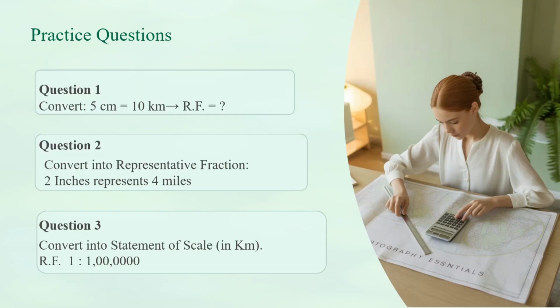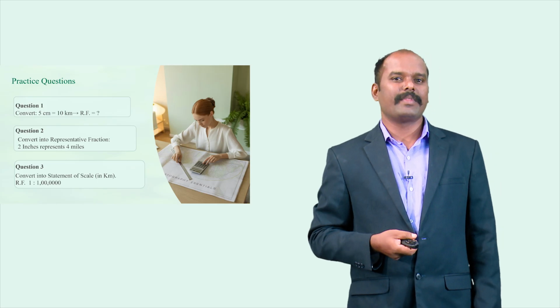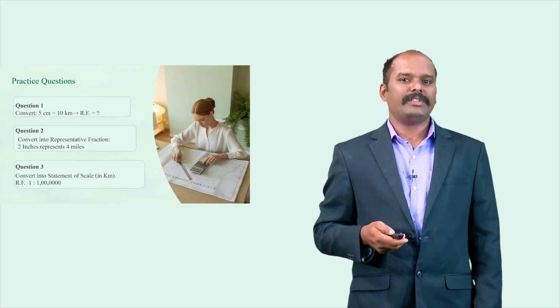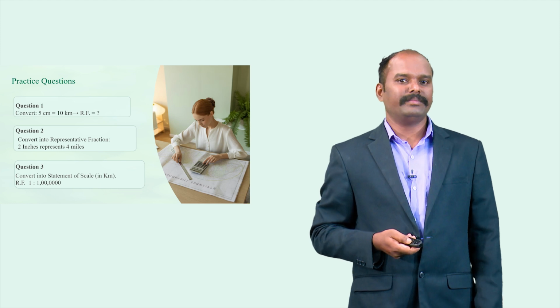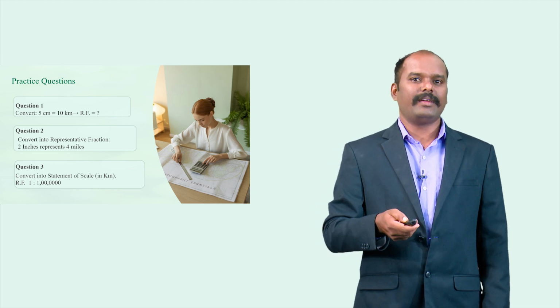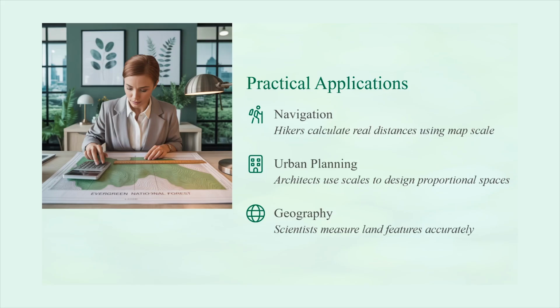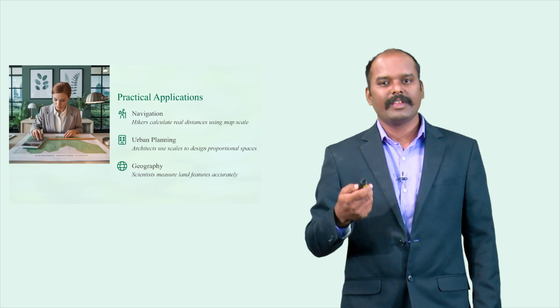Here I have given 3 practice questions. You can solve these when you are free. The second question is given in the English system, you try that. This first lecture is basic, I know, but you try.